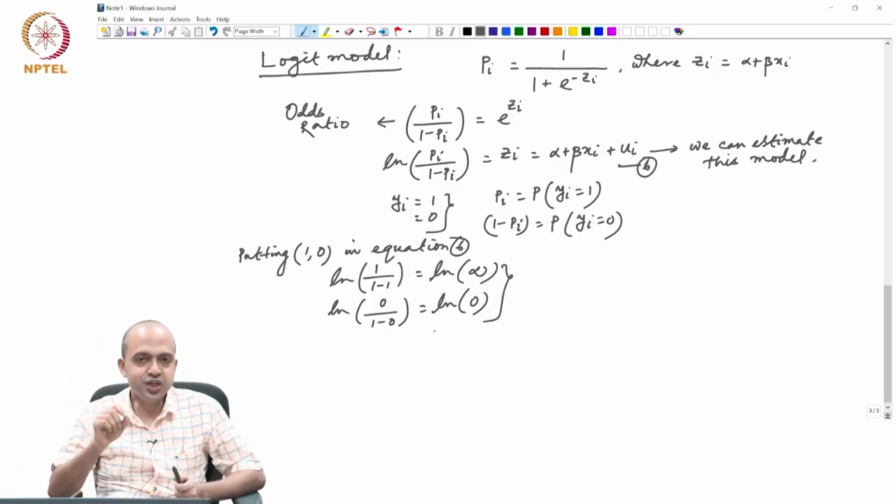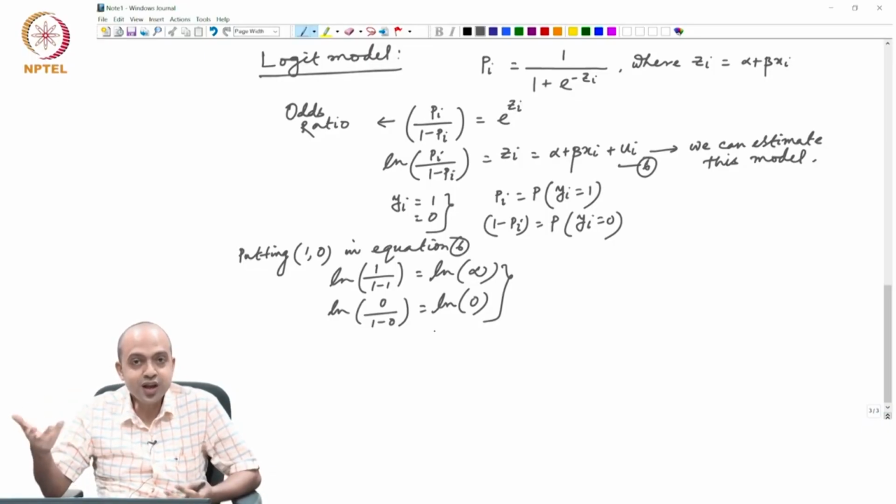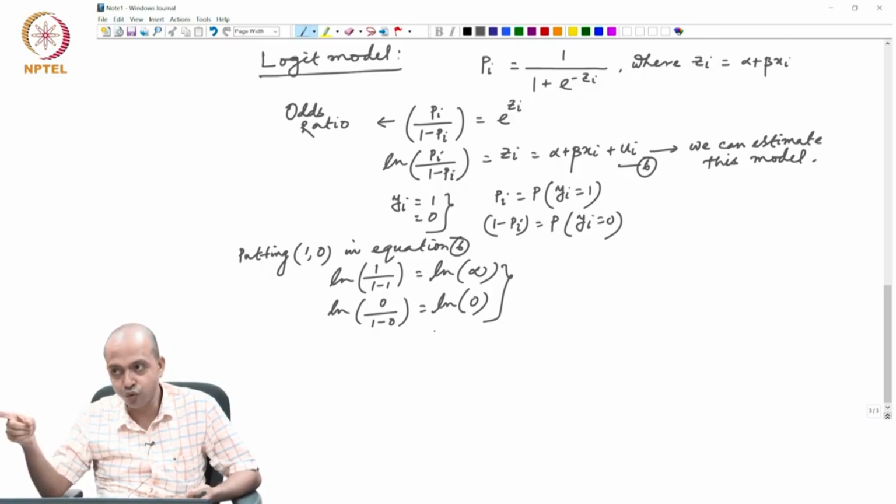Why? Because here we are thinking that pi is equivalent to yi, but that is actually not the case. pi indicates the probability, which lies between 0 and 1, but what you observe is the realization. yi is the realization. Some people have owned a car, that is why you put 1. Some people do not have a car, that is 0.